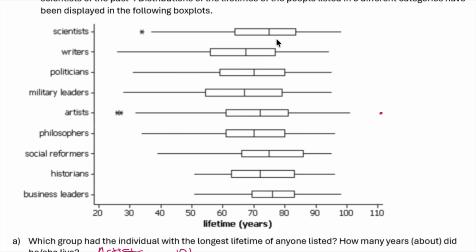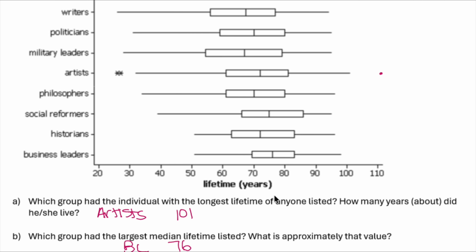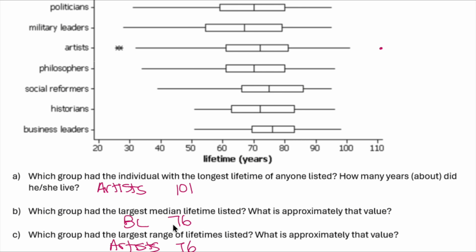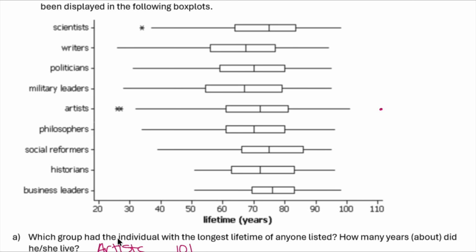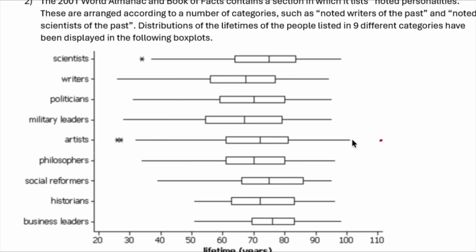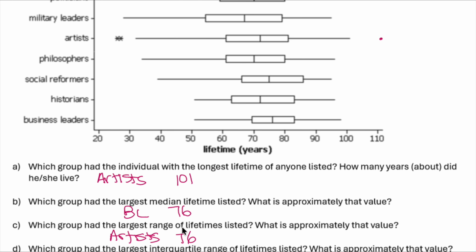Business leaders and scientists both have relatively equal values, but I would say it's business leaders, or you can argue with me for scientists, whatever. Both of them seem to have the highest median, and it's approximately 76. Part C, which group had the largest range of lifetimes listed? What is approximately that value? We already know that artists have the largest range, so it asks for the same thing, which is going to be artists, and it's going to be 76.